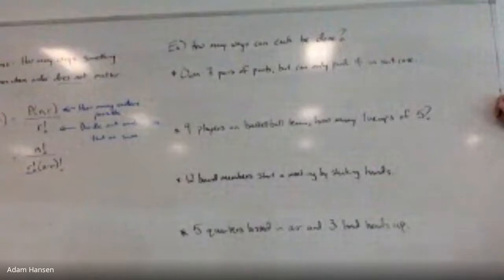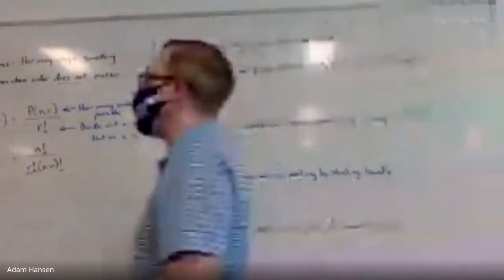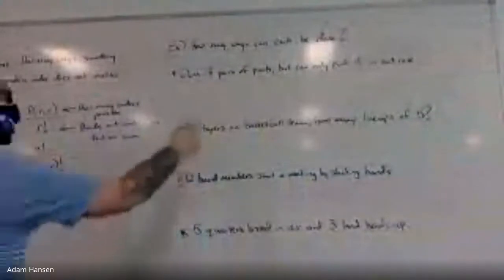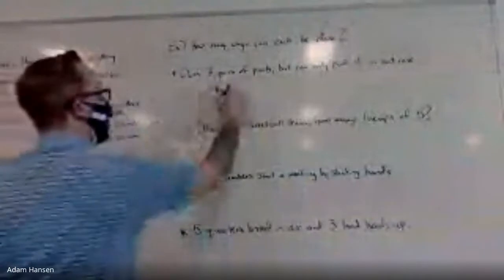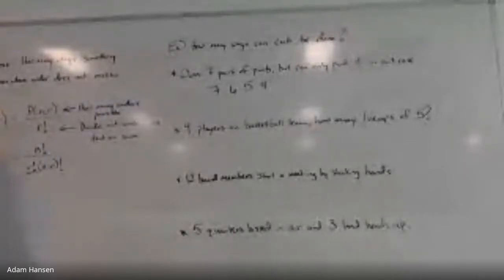Let's first figure out what it would be as a permutation. How many ways can this be done? How many pants are there to pick? 7. How many fit in the suitcase? 4. So first off, there's 7 pairs of pants to choose from. Then 6, 5, 4. But that's counting too many things. That's counting my black pants, my red pants, my tan pants, and my gray pants differently than my tan pants, my gray pants, my red pants, my black pants.